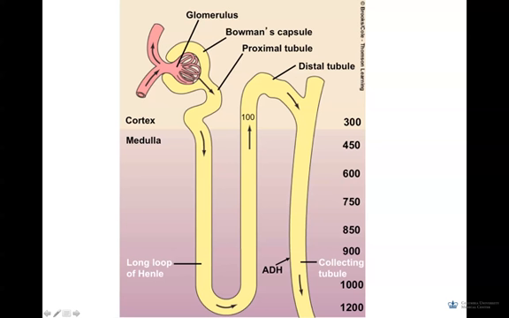I just told you that the body can produce urine that has an osmolarity as little as 100 milliosmoles. So that means that the urine that comes off this loop of Henle is very dilute. And if we don't reabsorb any more water in the distal tubule and the collecting duct, that urine is going to leave the kidneys at an osmolarity of 100 milliosmoles.